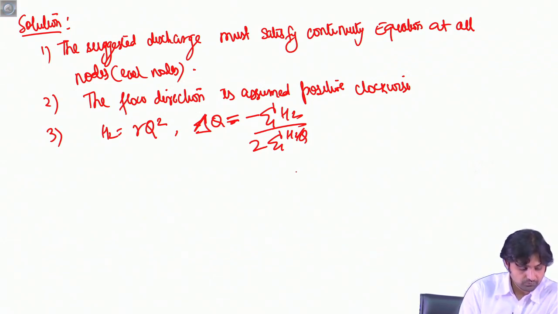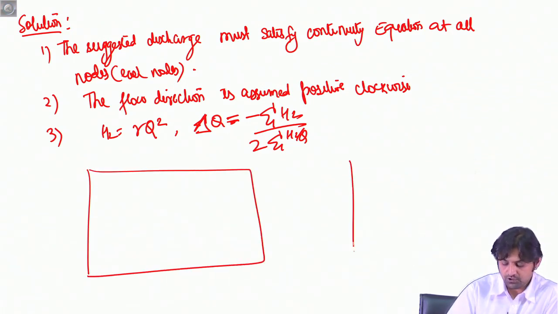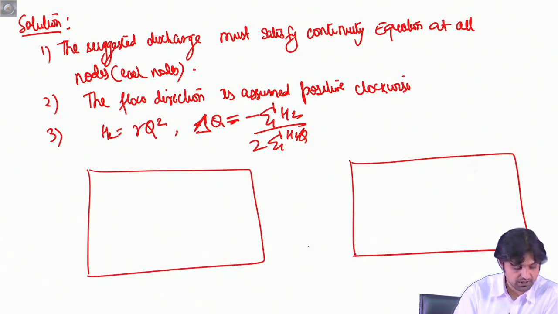So we have to make tables like these for both the loops. I am just laying out the procedure here.